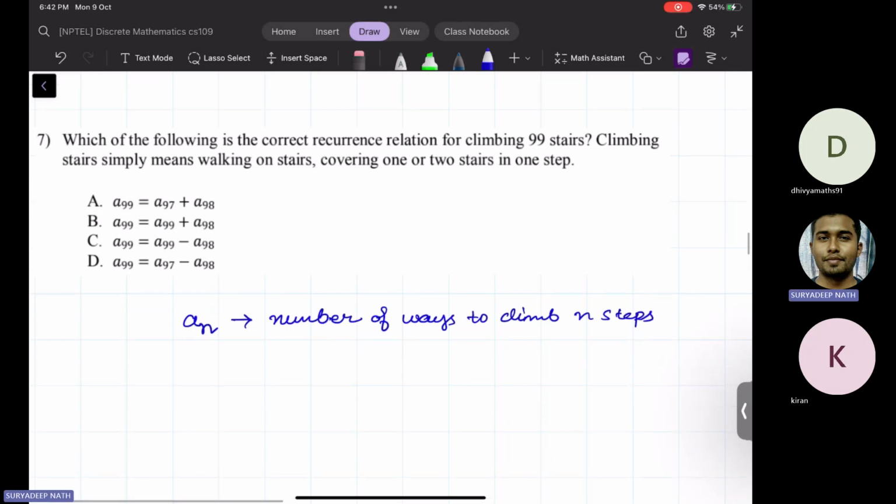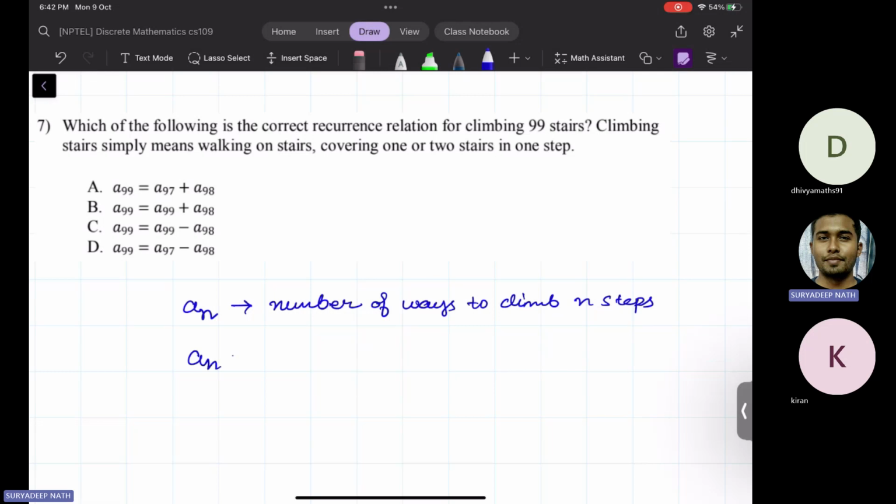This can be broken down as you climb n minus 1 steps, then take one step. This is one way, and there is another way, that is an minus 2. You climb n minus 2 steps, and then take two steps. So these are the combinations which an captures.